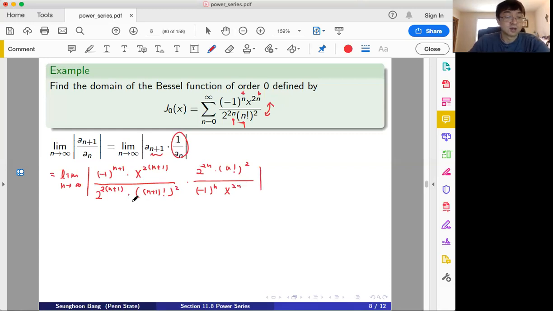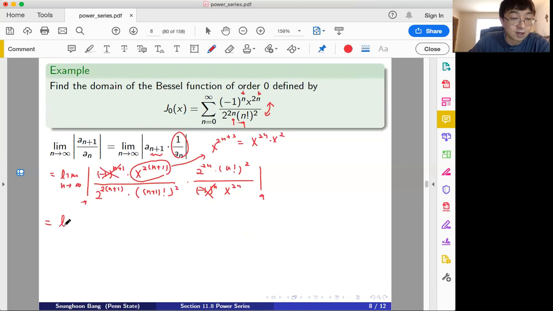So we have an absolute value sign. What does it mean? You don't need the (-1)^n; you ignore the (-1)^(n+1). So what is it like here? This one is exactly the same as x to the 2n plus 2. I want to split it into x^(2n) times x squared.